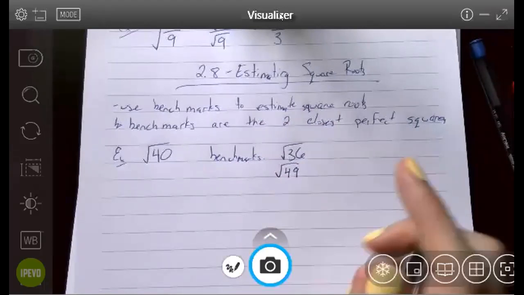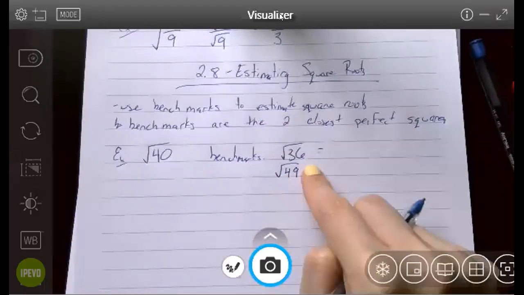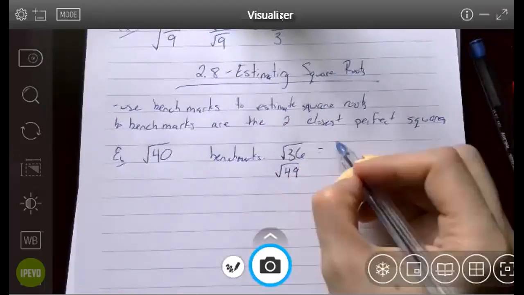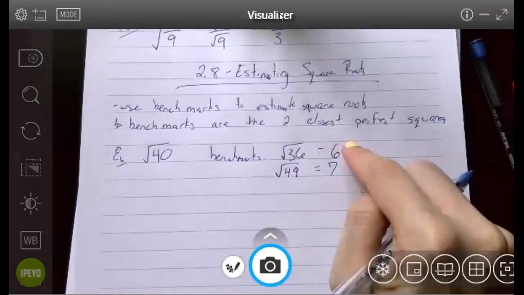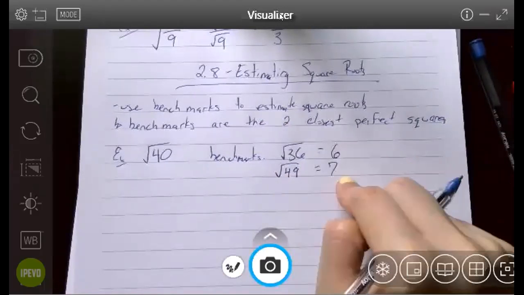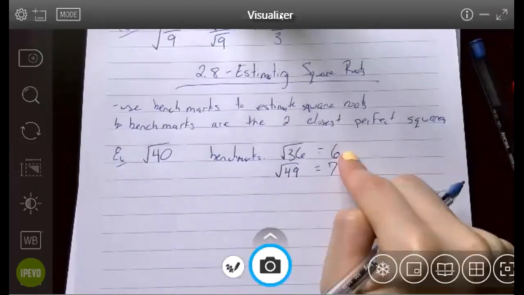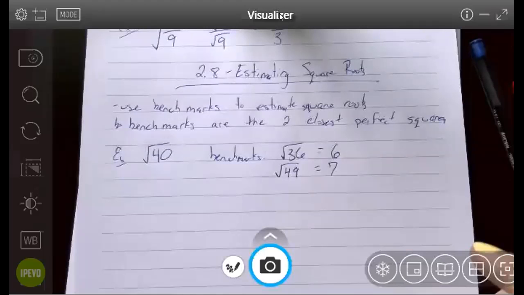And so if we solve that, the square root of 36 is 6, the square root of 49 is 7. And these numbers here should be consecutive, so they should be in order. If they're not, you've missed a perfect square in there somewhere.